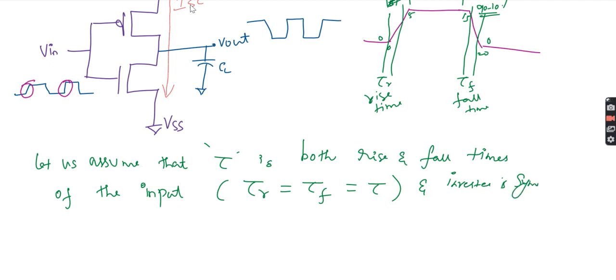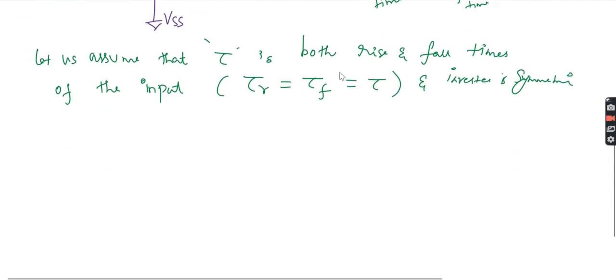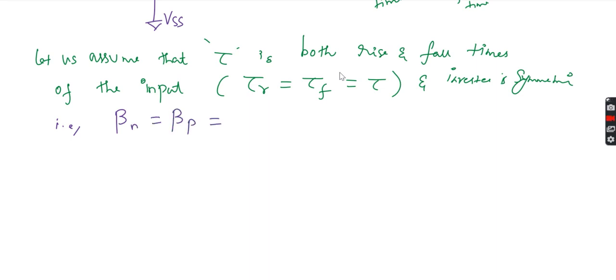The inverter is symmetric in the sense we have one more parameter, a process dependent parameter. That is, beta_n is equal to beta_p is equal to beta, where beta is a process dependent parameter.